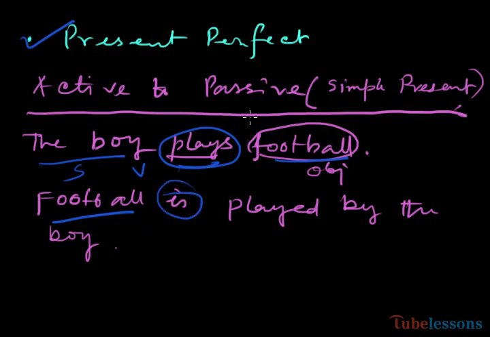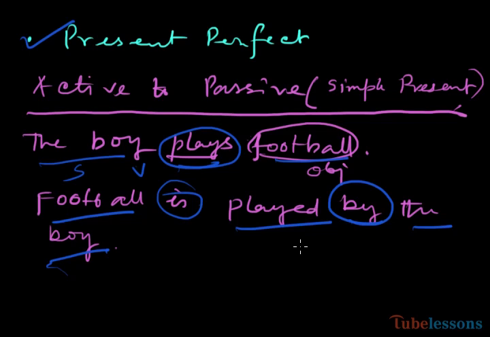Then, as I have already mentioned, you have to change the action verb into the third form of the do verb. The third form of play is play, played, played. So, played. Football is played. Now I have to put by and then the subject, the boy.